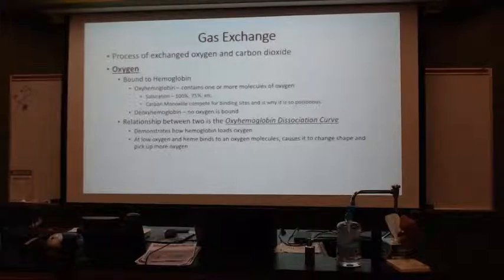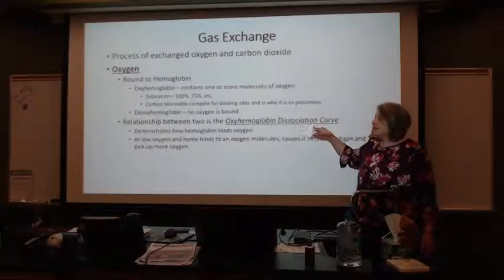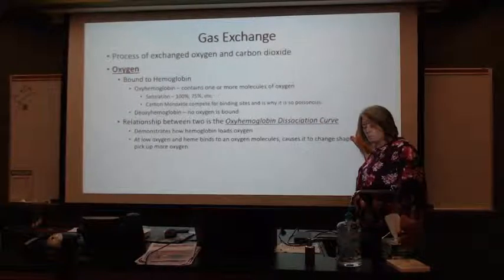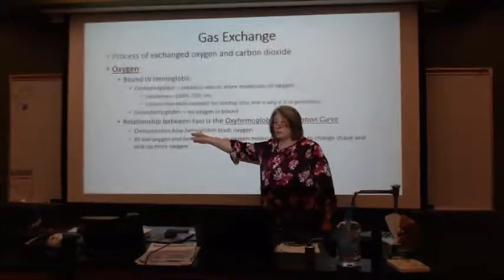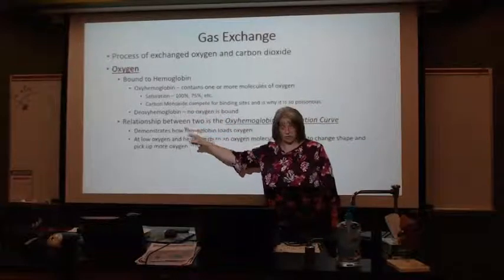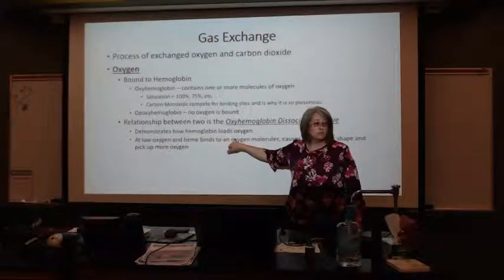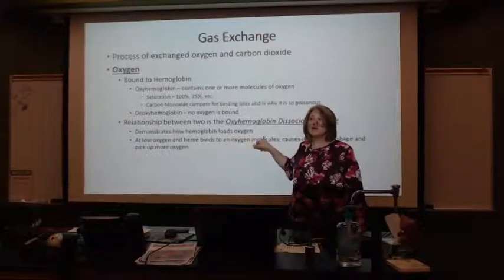Now, your textbook will show a really cool picture of this oxyhemoglobin dissociation curve, because it is letting us know how that hemoglobin molecule, and the term used, loads oxygen.